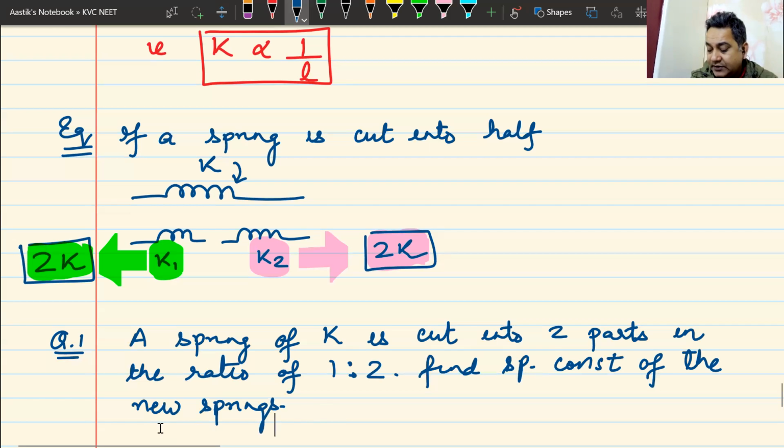Can you all tell me what is the spring constant of the new 2 springs that I've created? Remember, they are not of the same length. They have been cut from the same spring, but the lengths are in the ratio 1:2. Waiting for your answers, giving you a minute.